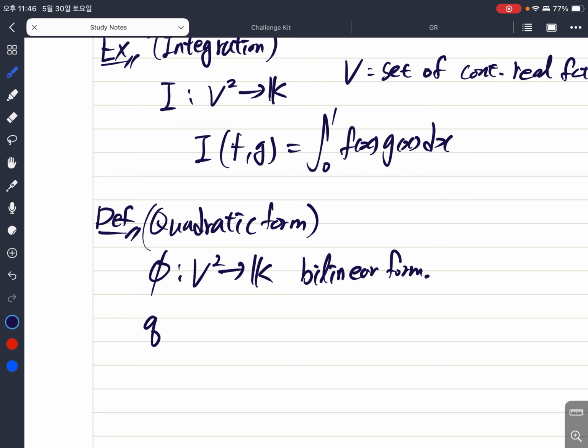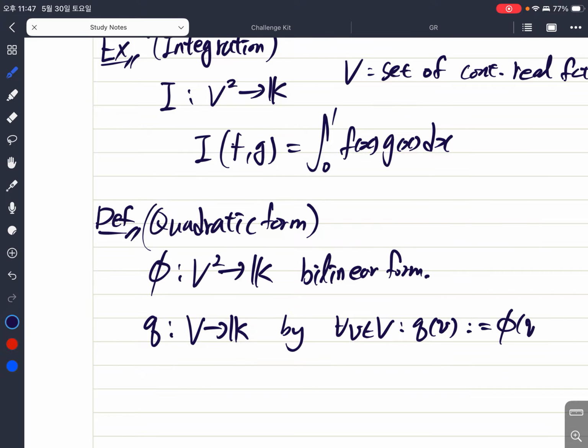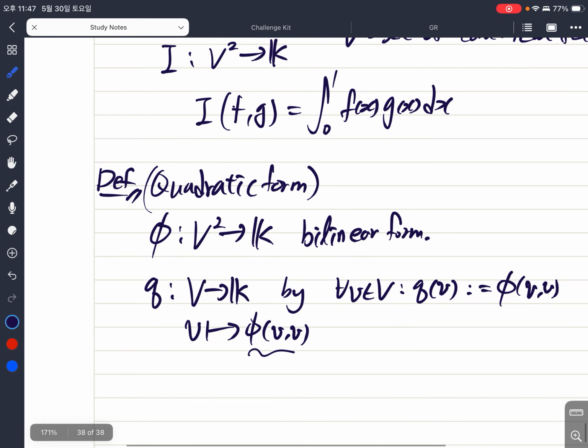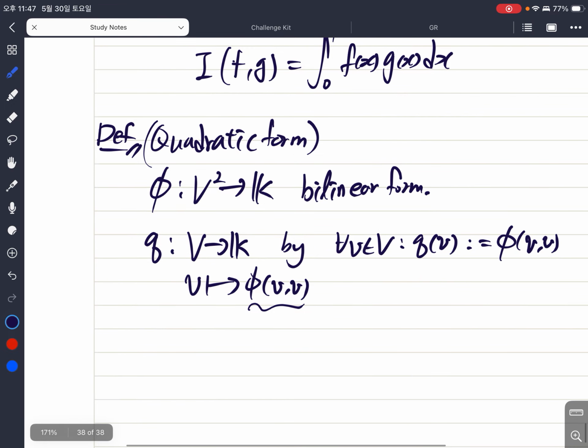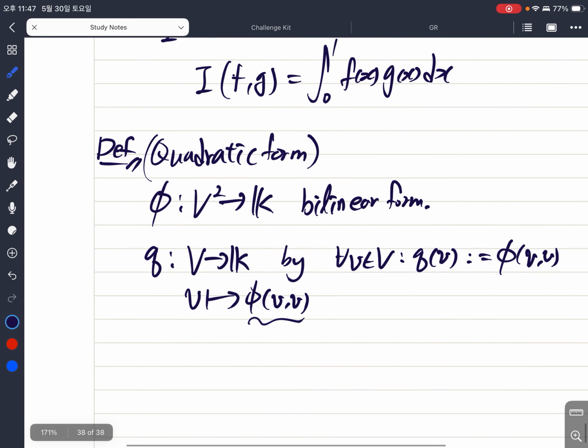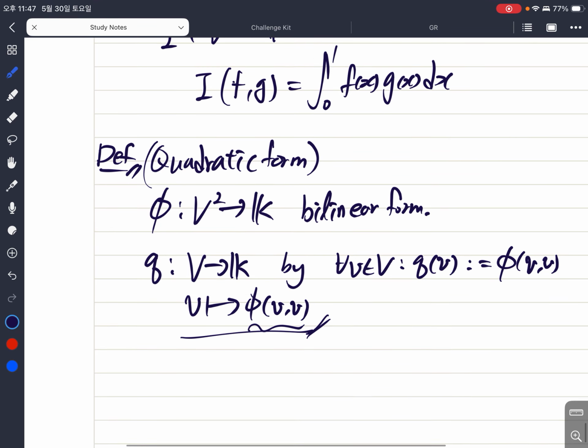Then let's say Q, because it is quadratic, from V to K, by for V in V, Q of V is defined as phi VV. Maybe I'd rather write here phi VV. Then because this is a number, this is a nice well-defined map. And this is called quadratic form, and it is not linear, as you can see.